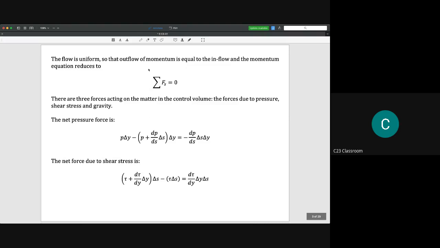As I said previously, in equilibrium the total forces will give you a zero value. So what we need to do now is calculate all the forces.